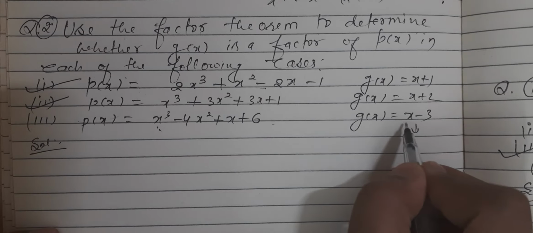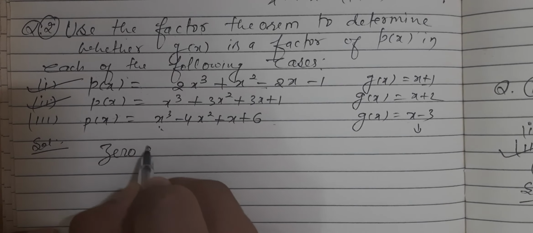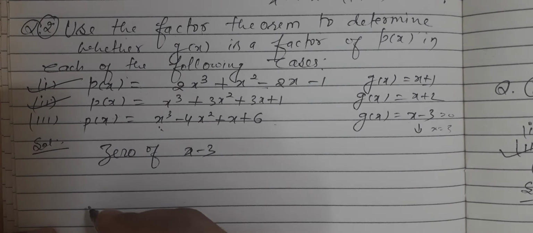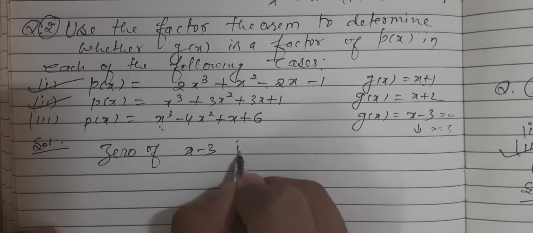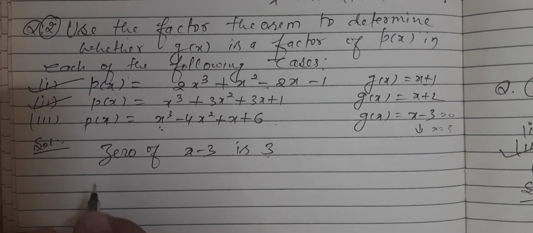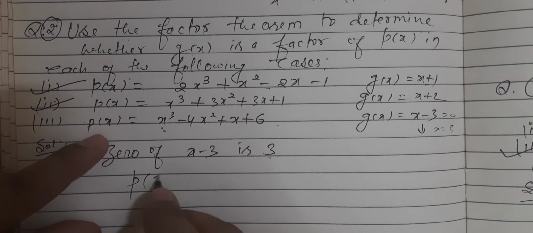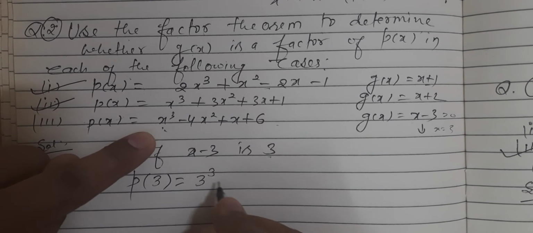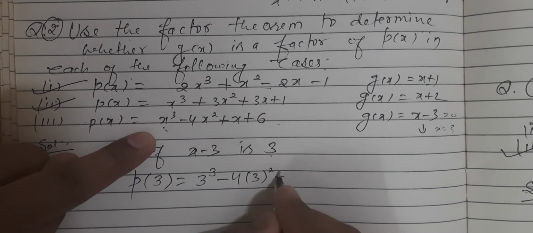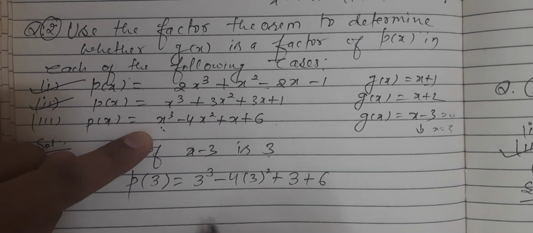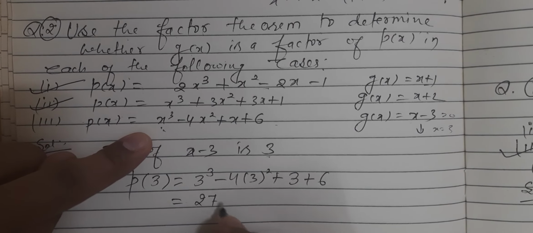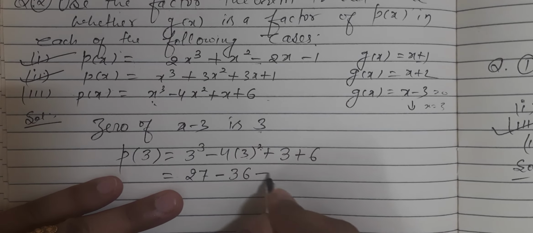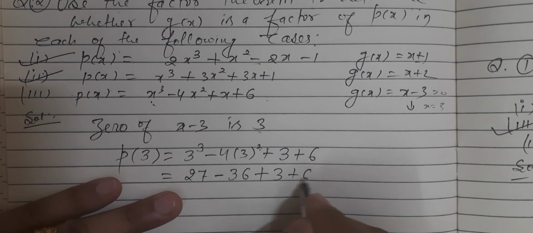So we have to check whether this g(x) is a factor. So we'll find the zero of this x minus 3. So how to find the zero? By equating to 0. So the zero of x minus 3 is 3. Now we'll put the value here. In this polynomial, we'll find the value of this polynomial at the point 3. So 3 cube minus 4 times 3 square plus 3 plus 6. So here 27 minus, 3 3s are 9, 9 4s are 36, plus 3 plus 6.